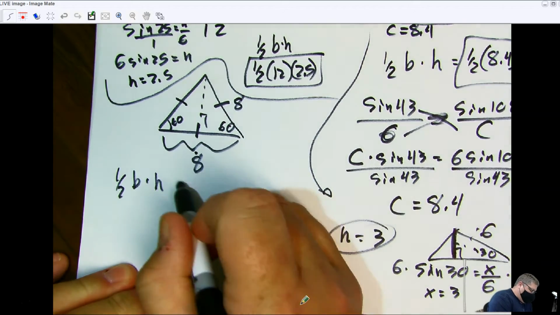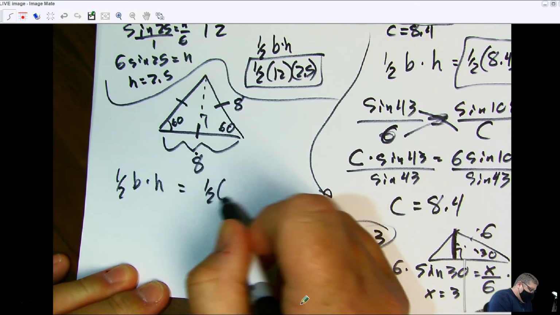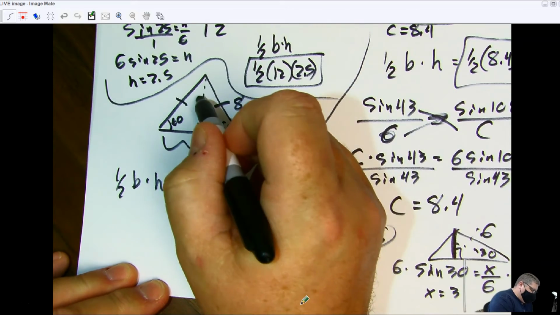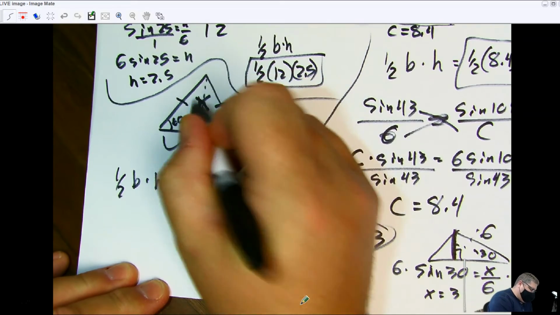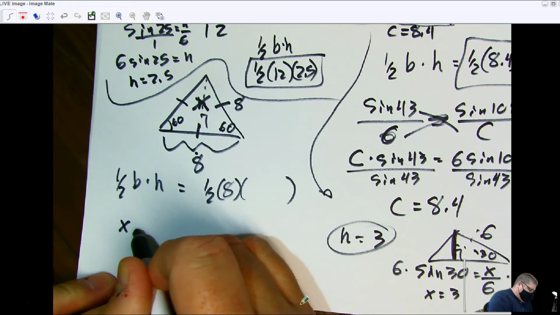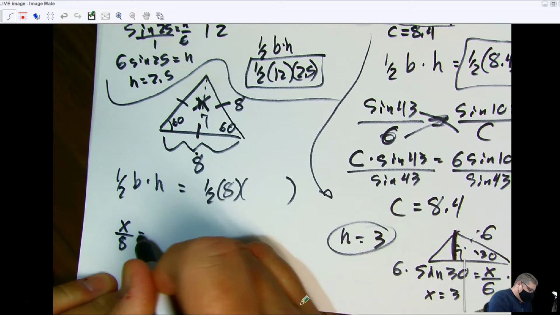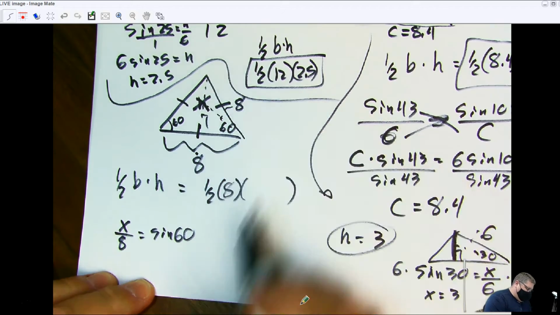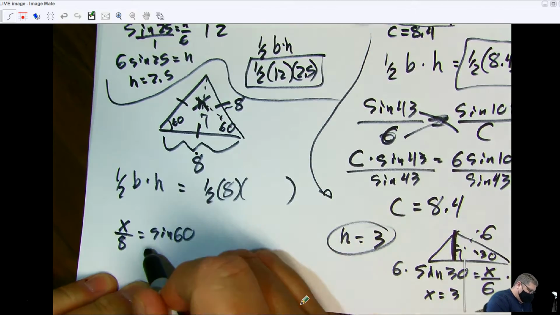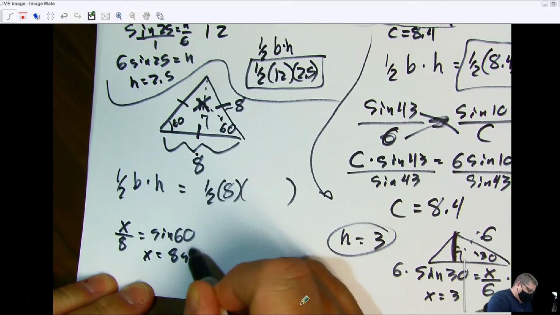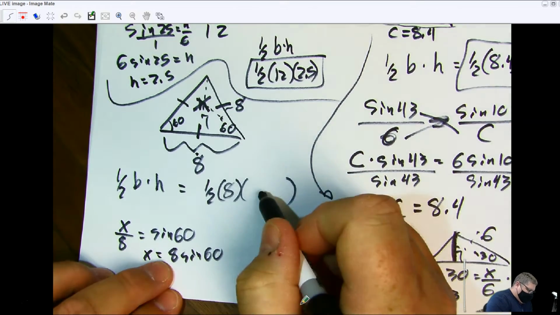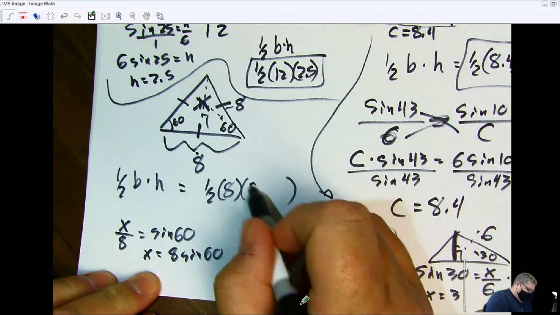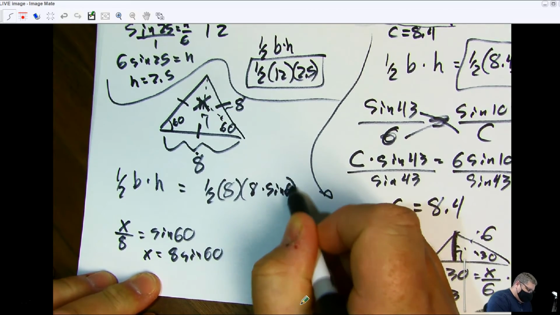So the area equals 1/2 times 8 times something. How do I find this height right up here? How do I find x? Well, x over 8 would equal sine of 60 because that's opposite over hypotenuse. Cross multiply, so x is going to equal 8 sine 60. So in this case, we would say 8 times sine of 60 and plug it in.